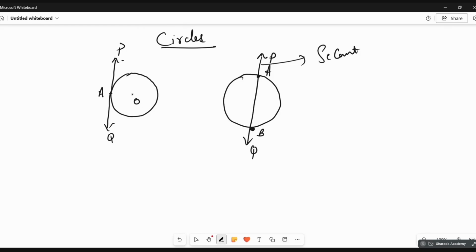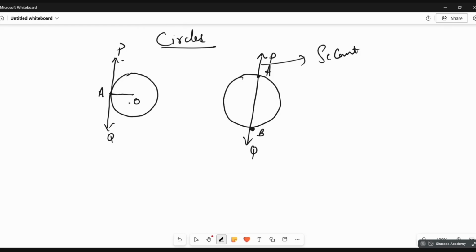Now, if I draw one line OA, can you tell me how OA and PQ are related? OA is the radius of the circle and PQ is the tangent at point A. So how are they related? OA will be perpendicular to PQ. Listen here now.